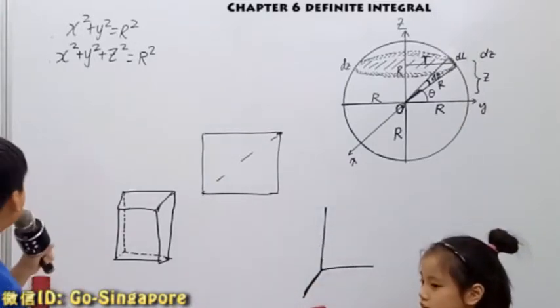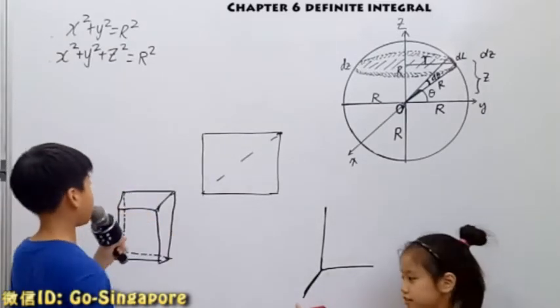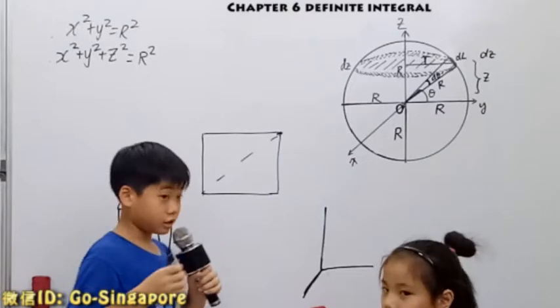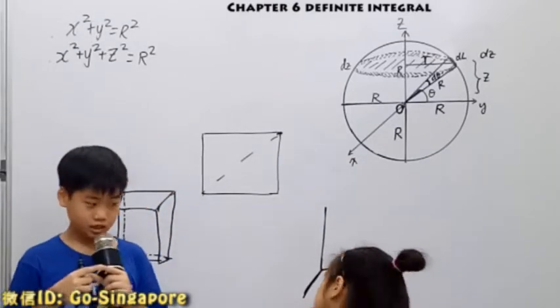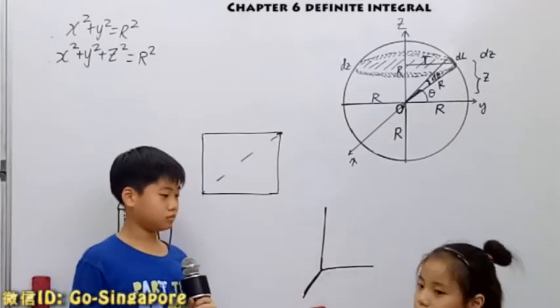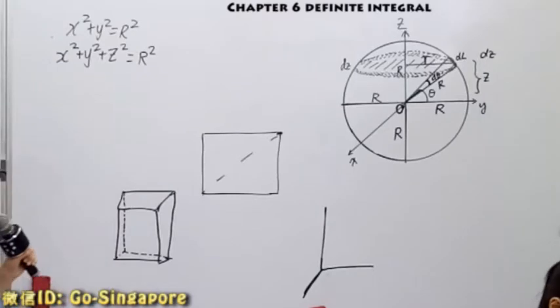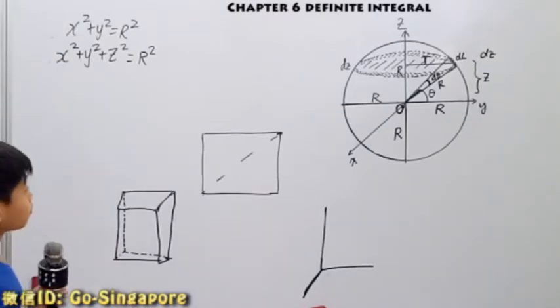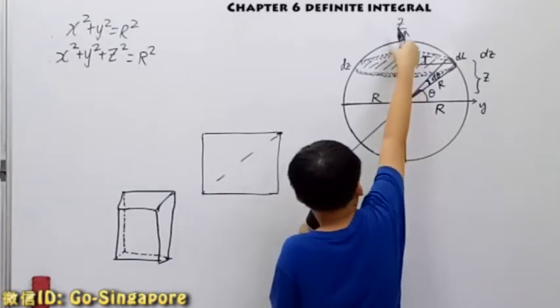So what would you want me to use first: the z-axis, x-axis, or the y-axis? Going according to the z-axis, it will go up like this.